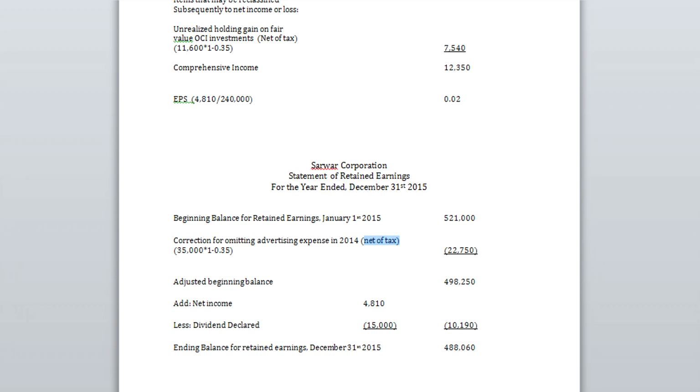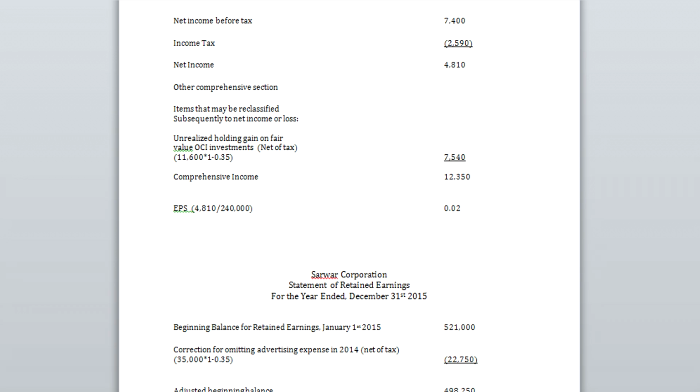You need to know they're reported net of tax, right? And that if we made a mistake for an advertising expense, then it's a negative number, and if we made a mistake or forgot any revenues, then it would be a positive number. We forgot expenses, so now we have to include more expenses, therefore it's negative. This is the trickiest part, and I would suggest getting as much practice with it as possible.